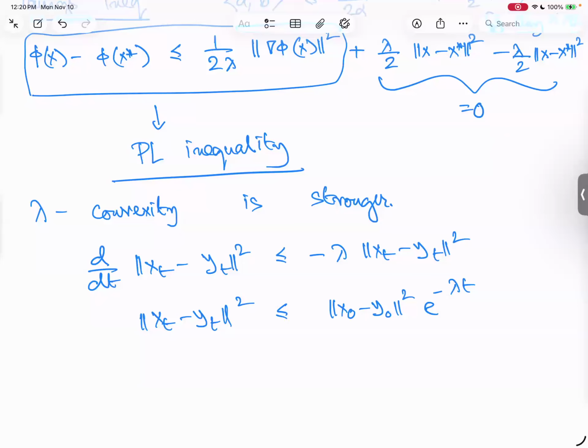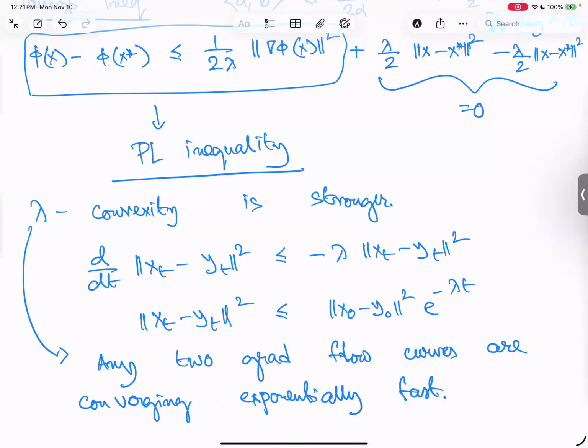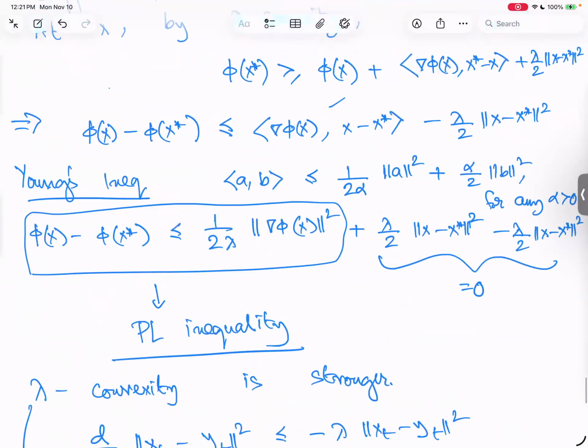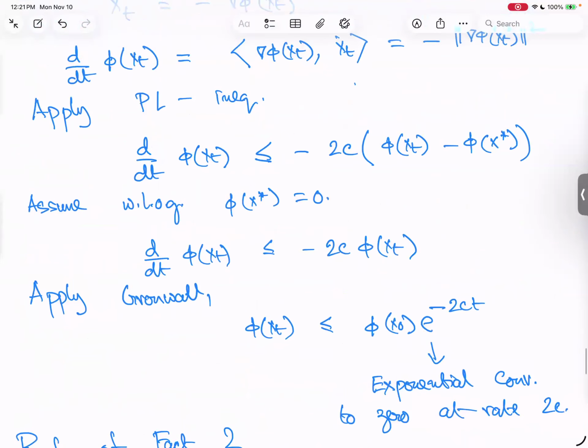And so how do I see lambda convexity is stronger? Any two gradient flow curves are converging exponentially fast. But the PL inequality only tells me that the convergence to the minimum is exponentially fast.